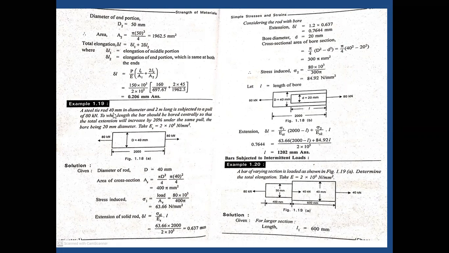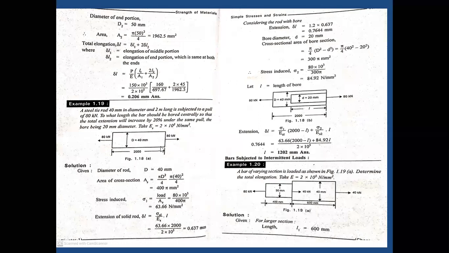A steel rod of 40 mm in diameter and 2 meters long is subjected to a pull of 80 kilonewtons. The diameter is 40 mm and the length is 2 meters, which is 2000 mm. The load is 80 kilonewtons.